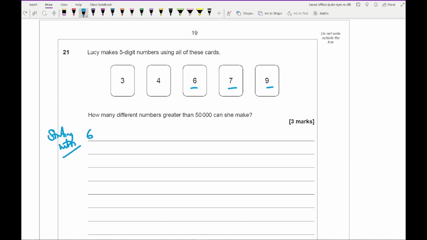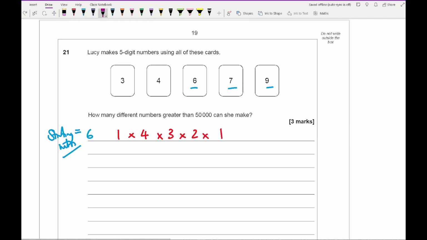So this is a product rule for counting. Starting with 6, I can only have one number to start with. Then for the second number, I've got a choice of 4 numbers. Then for the third a choice of 3, then a choice of 2, and then a choice of 1.